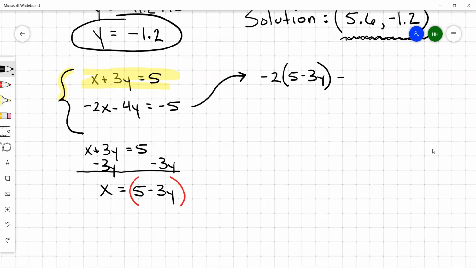And then we've got a minus 4y, and that's all equal to negative 5. So we distribute. Negative 2 times 5 is negative 10. And negative 2 times negative 3y would be positive 6y. We bring down the 4y, and we bring down the negative 5.